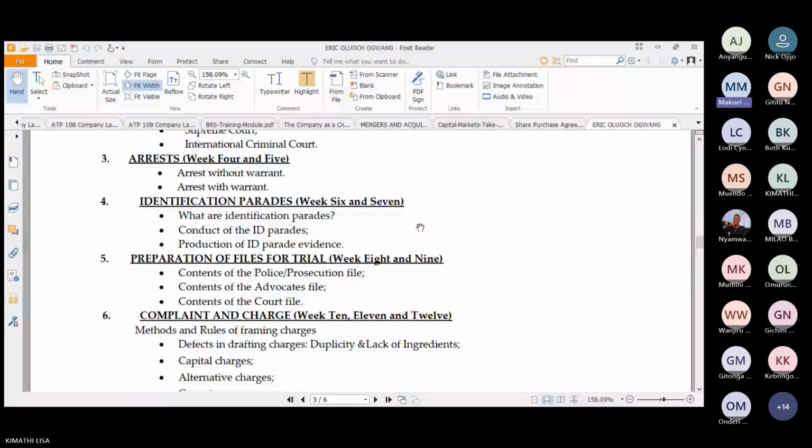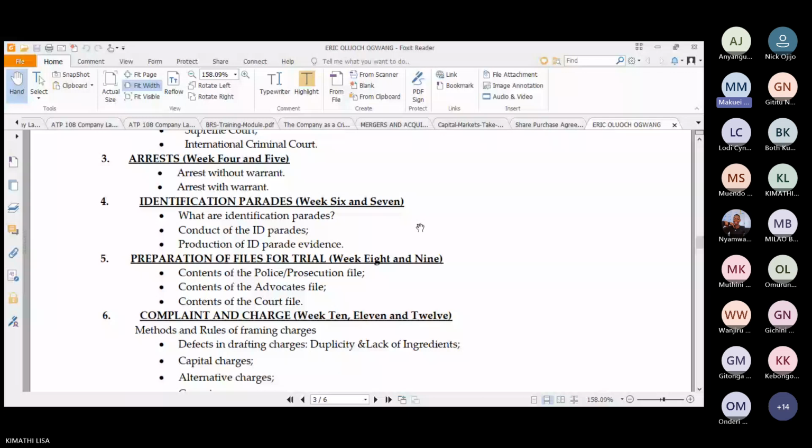You will realize when we start our revision how these questions will be asked; they will not be straightforward. Someone is going to tell you to go and assist a police officer with the investigations. So when you say the police should first do this, actually they're asking you about the prosecution stroke police file.